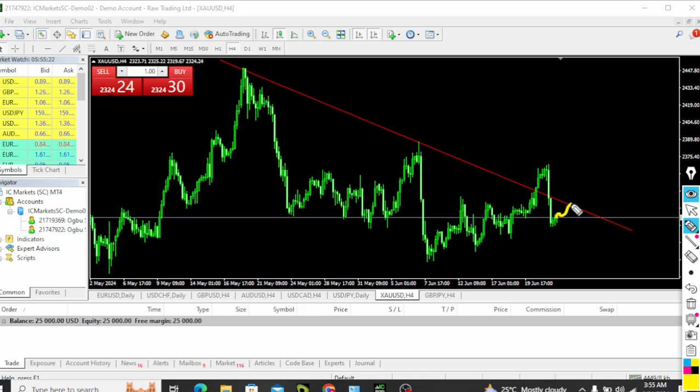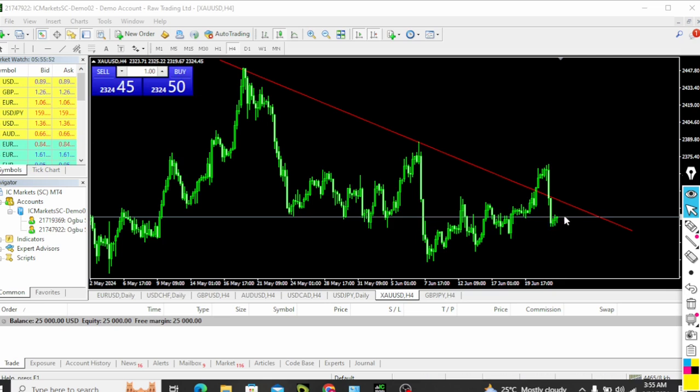Then from there, gold will start to fall again. So we are bearish on gold for this coming week, and hopefully our bias is going to work out for us. So let us be vigilant this week until we find out where the trade is actually heading to.